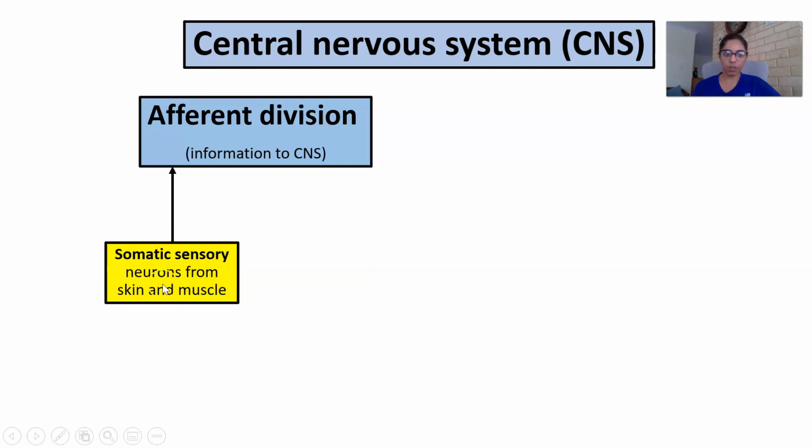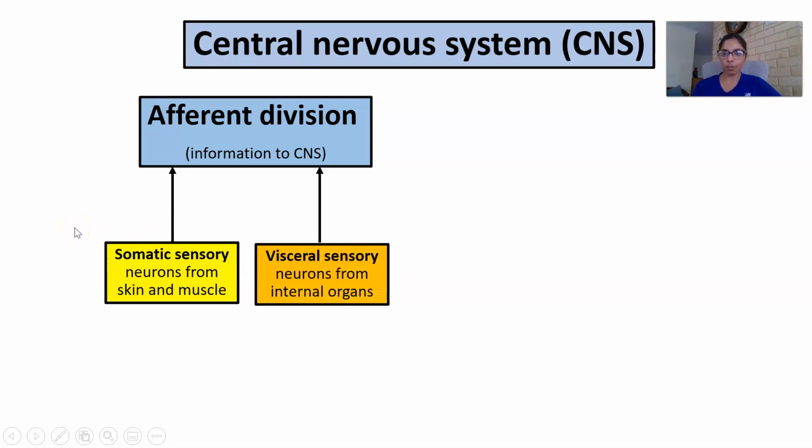So afferent neurons can be somatic sensory neurons, and this is conscious control. So these are neurons from the skin that detect our environment and our skeletal muscle in particular. We also have the subconscious control, which we regard as visceral sensory. So what we need to look at here is that both of them detect changes in the environment, internal or external. Somatic sensory is under conscious control.